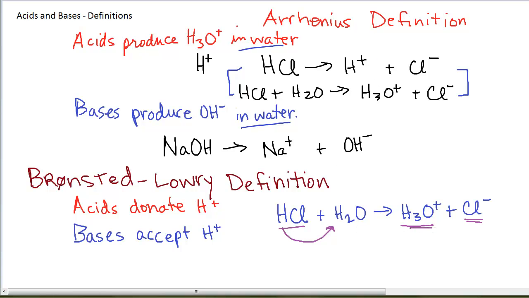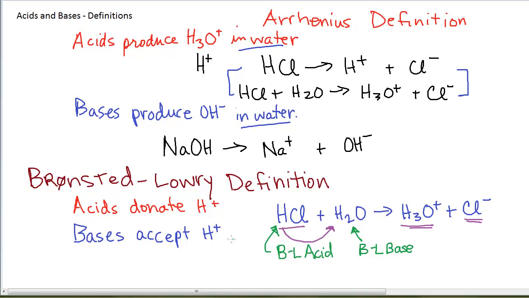So this is actually an example of a Bronsted-Lowry acid and base reacting, where my HCl is donating the proton, so this is my Bronsted-Lowry acid. The water is accepting the proton, so this is my Bronsted-Lowry base. We don't normally think of water as being a base, but using this definition, water is definitely accepting the proton from HCl, therefore water is considered the Bronsted-Lowry base.